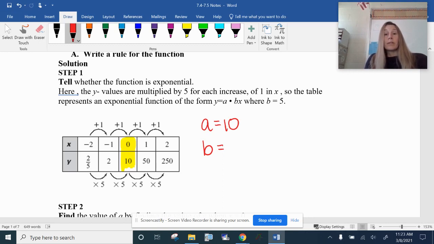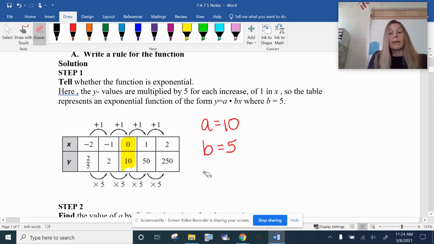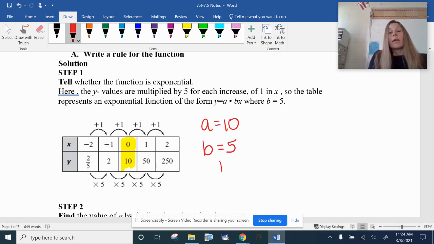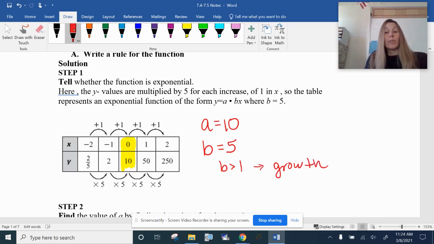So as long as there's a consistent multiple there, the b value in this case is 5. Now remember, if the b is greater than 0 and less than 1, that's decay. As long as my b value is greater than 1, then that's going to be growth. So in this particular example, this is an example of a growth function.